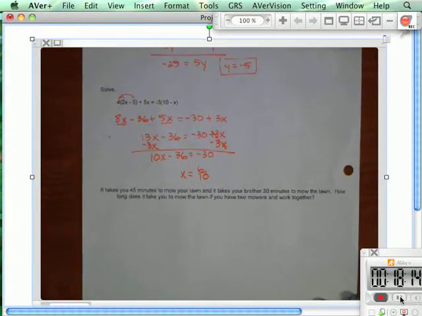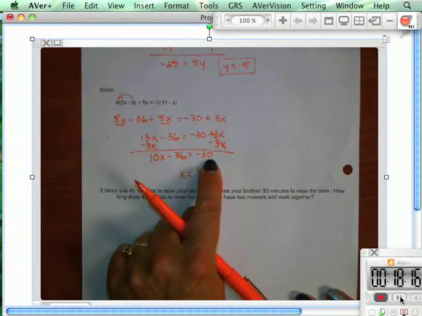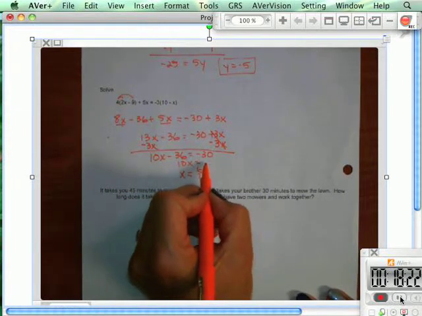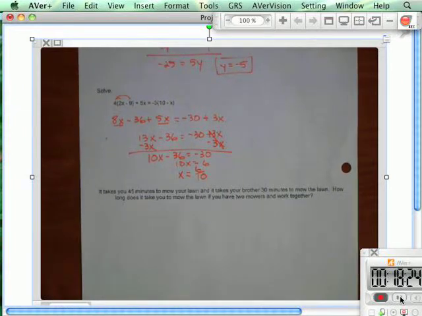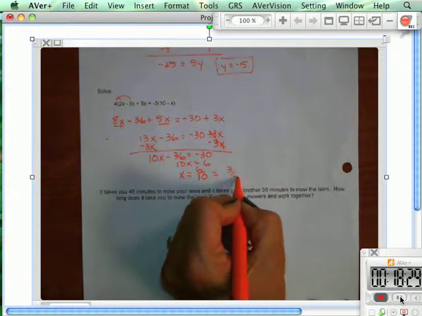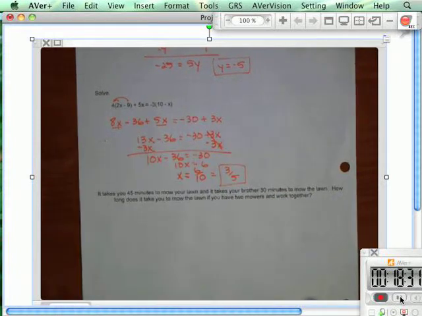Then you add 36 to both sides. And I got 10x equals 6. And when you reduce it, you get 3/5. I just got 0.6.